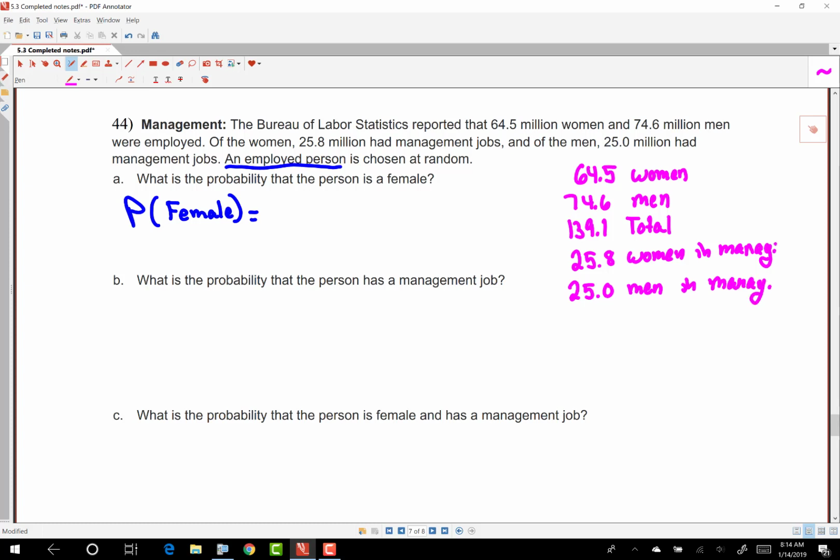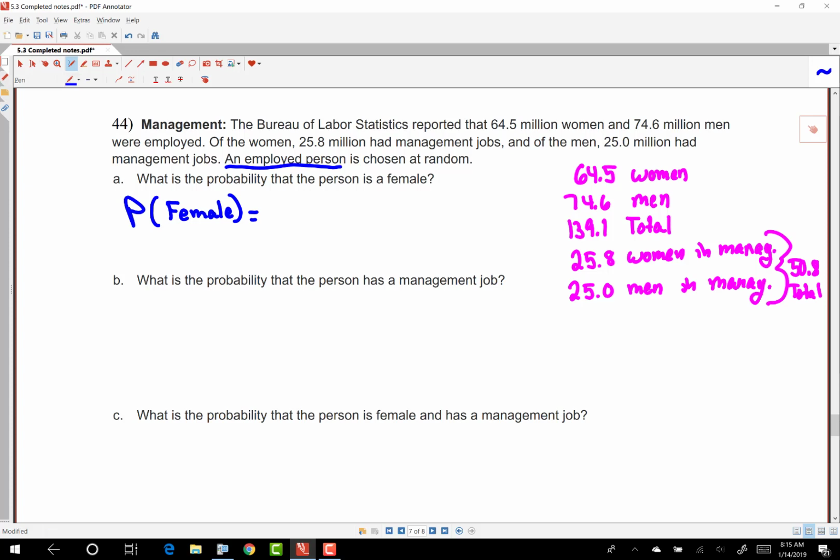And so of those, there's a total, I don't know if I'm going to need this number, but let's get it just in case, of 50.8 total in management. Okay, so it's just helpful to kind of summarize things. I always do that when I'm doing these types of problems.